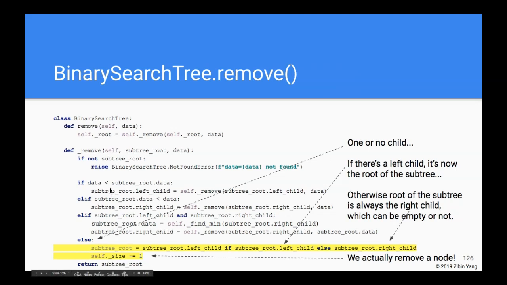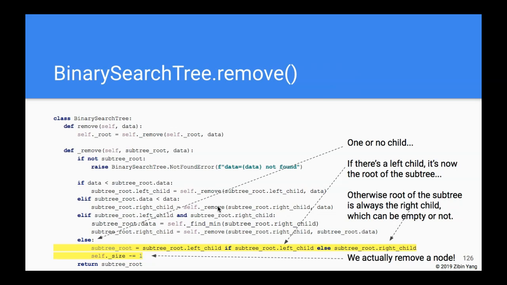Now, in the previous case, the subroot did not change, and we still return it. So either of these cases will return the root of the subtree. All right. Again, if this doesn't immediately make sense, go back to the pictures, stare at the code, think through all the cases, and hopefully it will make sense.